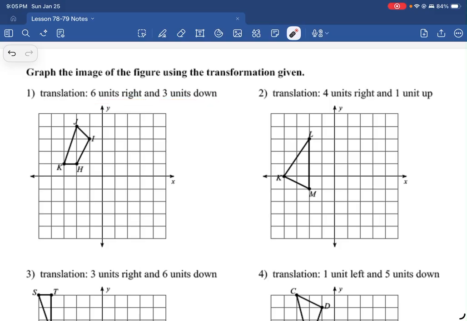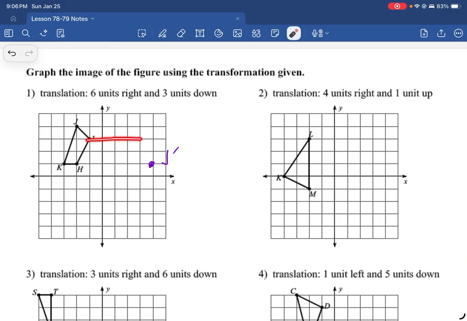T prime, connect your dots, and then that's number 5, so let's check our work. And you'll notice that it was reflected across the x-axis, and we got that answer as well.